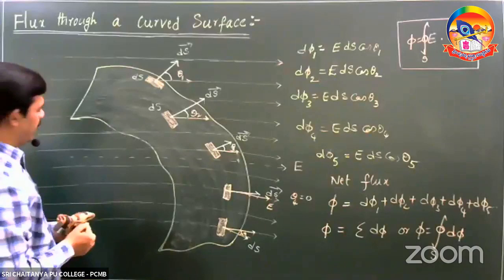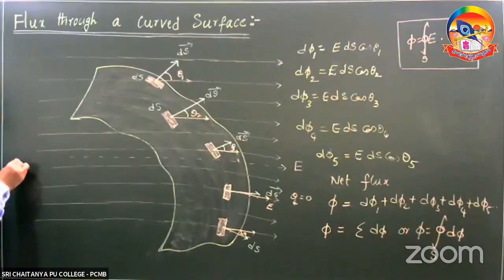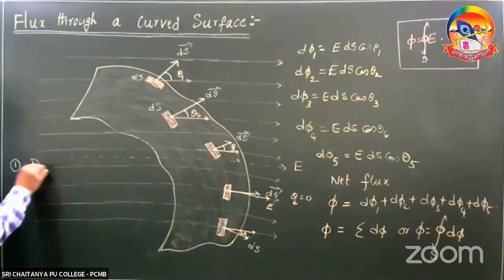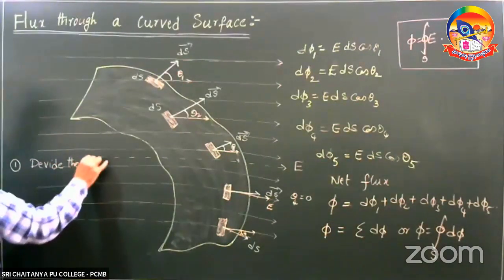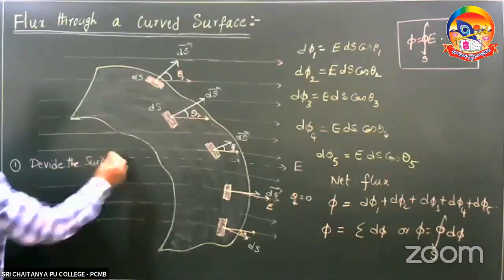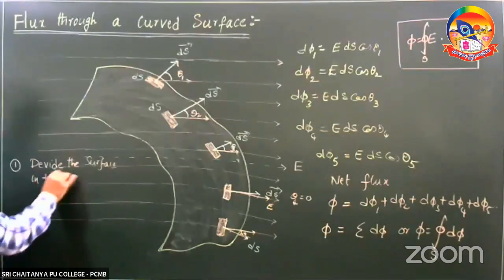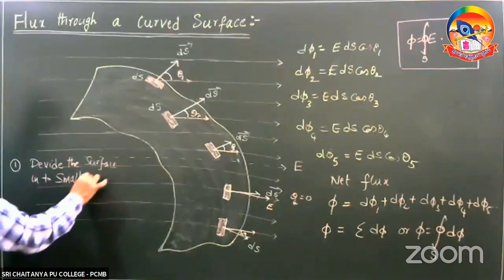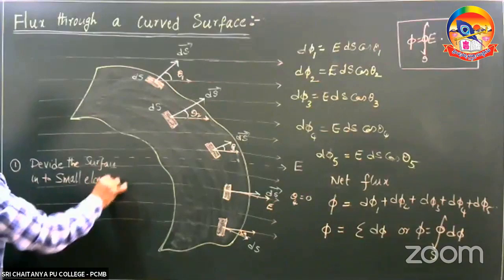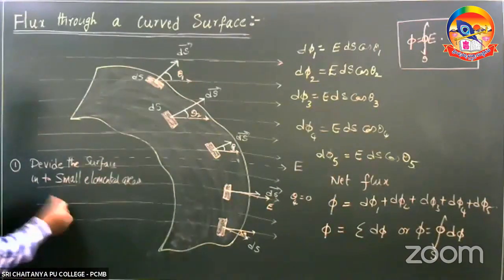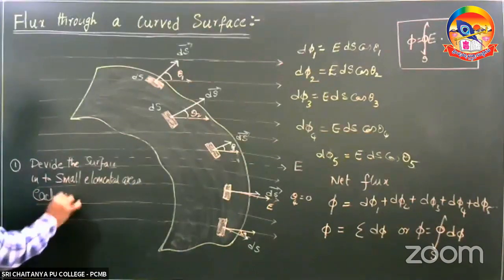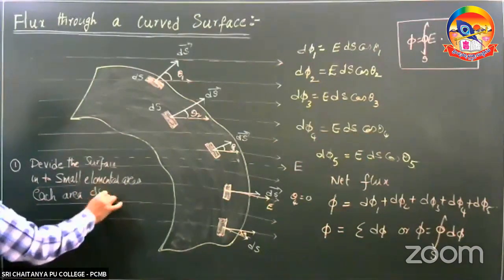So the steps we have to remember. What is the first step? Divide the surface into small elemental areas, each area ds.